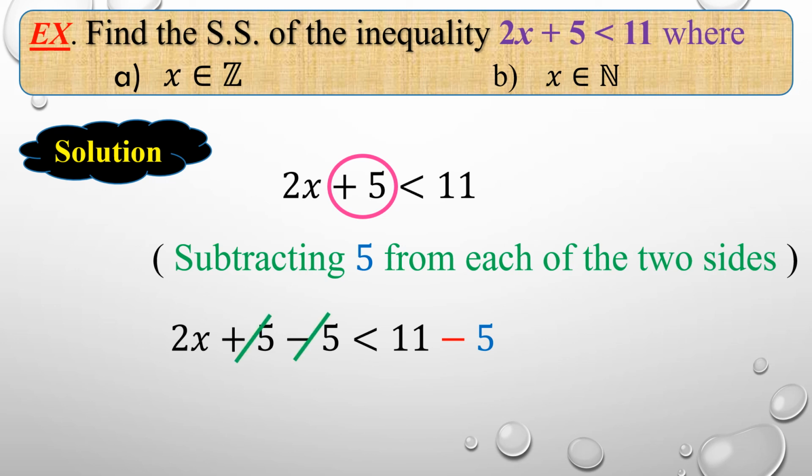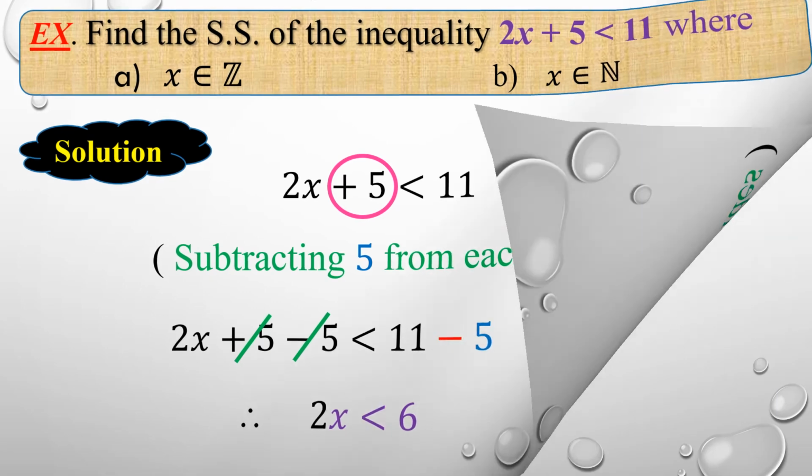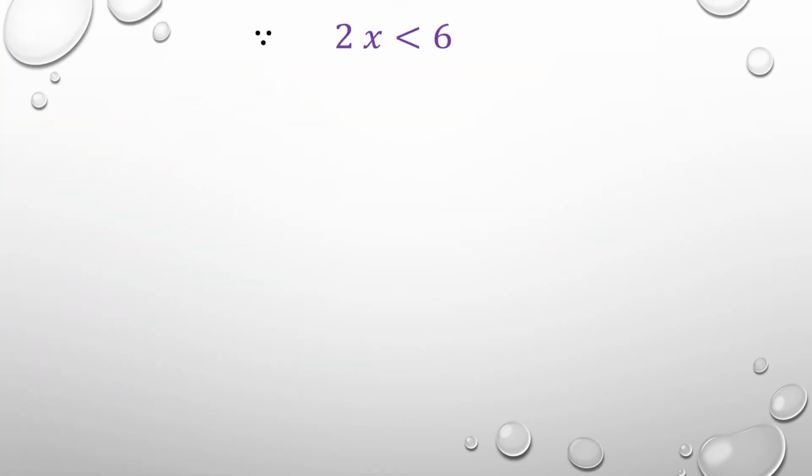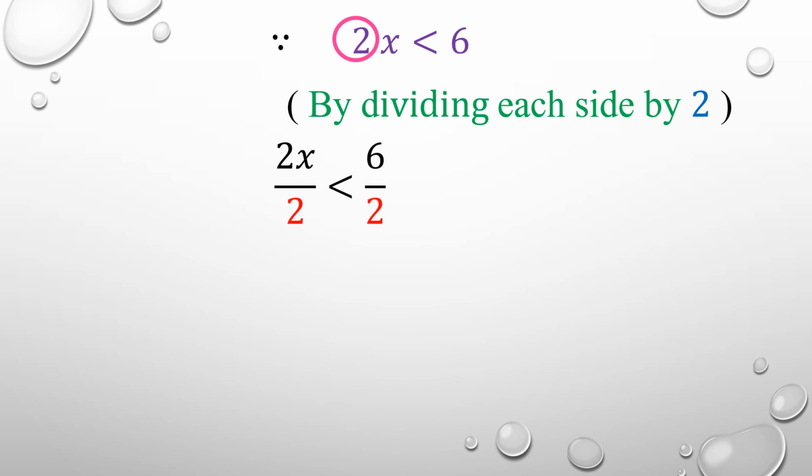I cancel positive and negative 5, so the answer will be 2x less than 6. And we will complete this question. x less than 6? Here I get rid of 2 times x by dividing both sides by 2. So 2x divided by 2 less than 6 divided by 2. I cancel 2, so the answer will be x less than 3.